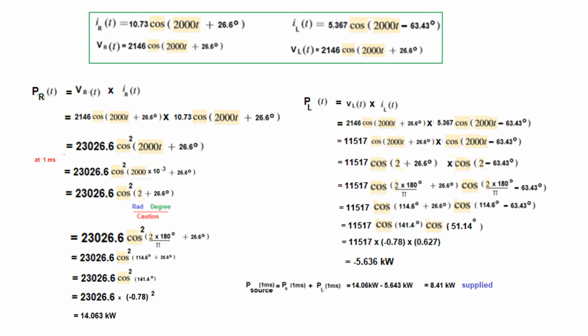Since in the book he has asked for the power absorbed by the source, the power absorbed will be the negative of the power supplied, so we just put in a negative sign. So this is the answer given in the book, which is very close except for the calculation error. I hope this gives you an idea as to how to solve this type of problem.